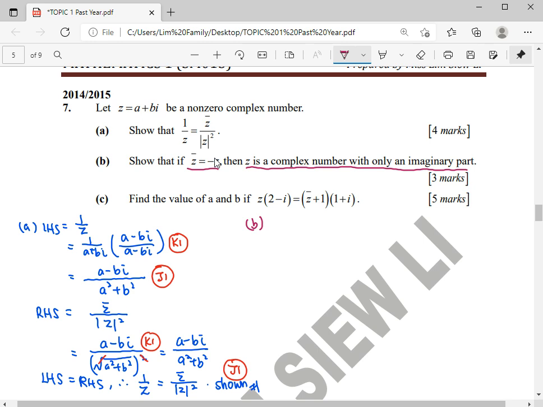For B, if z is equal to a plus bi, when you have conjugate of z equals to negative z, what happens? Conjugate of z will be a minus bi. And then negative z, I write it clearly like that.